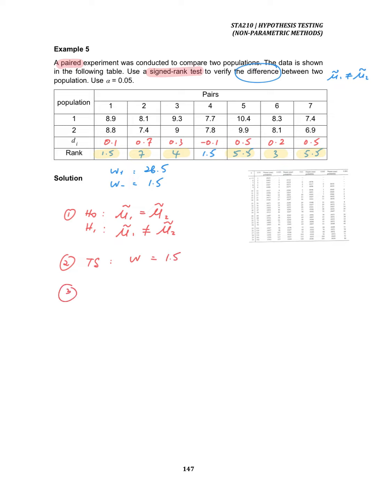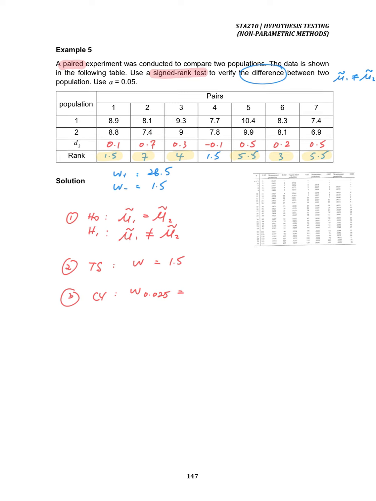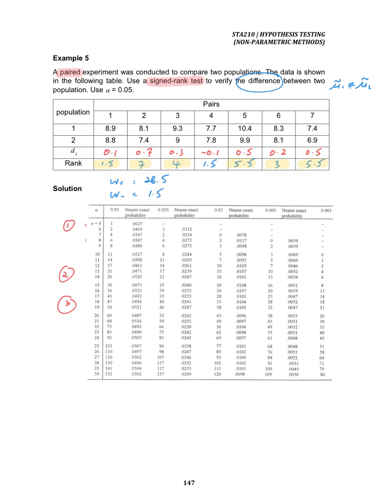Step number 3, we have to find the critical value. So our critical value is W alpha over 2. Alpha is 0.05 divided by 2, which is 0.025. Now kita akan refer table 17 untuk cari W 0.025 for n equals 7.